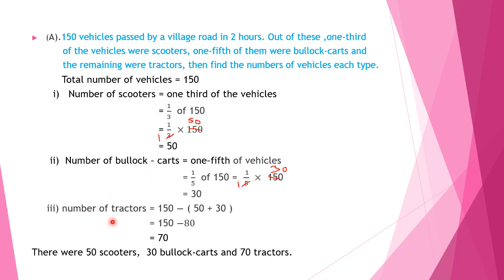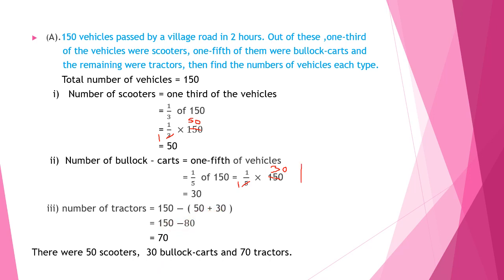Third one, number of tractors. So it's already given. The remaining were tractors. So out of 150, 50 are scooters and 30 are bullock carts. So how to find the number of tractors? Add the number of scooters and the number of bullock carts, then subtract from the total number of vehicles. So 150 minus (50 plus 30). What is 50 plus 30? That is 80. Now 150 minus 80.